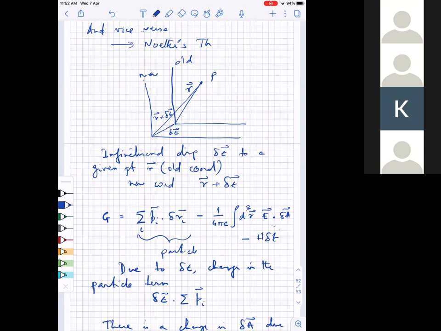Because a field is a physical quantity, the value of this physical quantity is unchanged. If I see it from the old coordinate, it should still have the same physical quantity. If I see it from a new coordinate, it still has the same physical quantity. That's the whole point of all these things: the physical quantity remains unchanged. It should not change under the transformation.